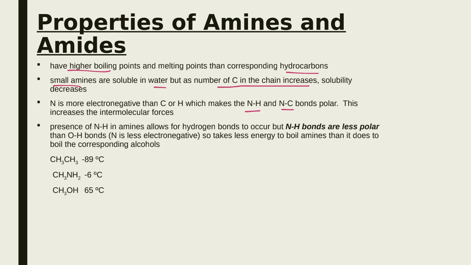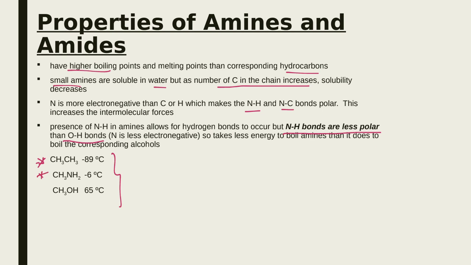But the thing is that the NH bonds are less polar than oxygen-hydrogen bonds. So when you're comparing an amine to an alcohol, for example, that has an oxygen in it, the amine's dipoles will be weaker. Okay, they aren't as electronegative. And so your dipoles are just a little bit weaker. And here's a great example of this. Here is ethane, okay, and ethane's boiling point is -89.